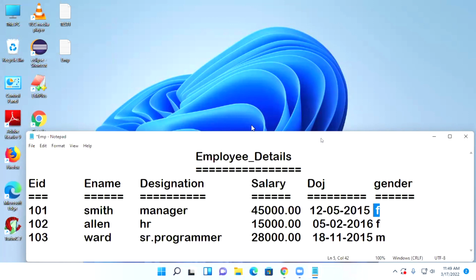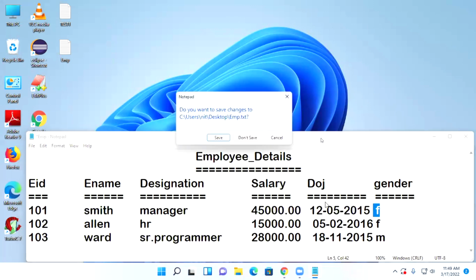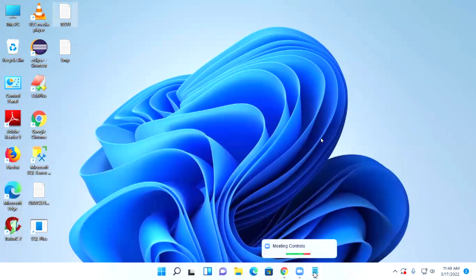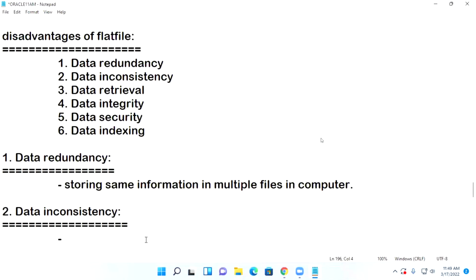When you avoid duplicate data, automatically the inconsistency problem is also avoided. That's why redundancy and inconsistency are both dependent. Understand?